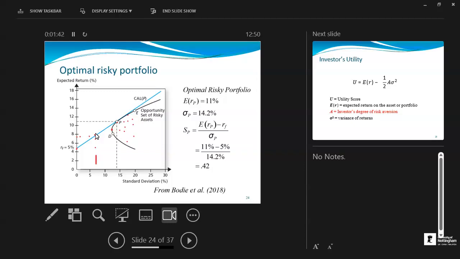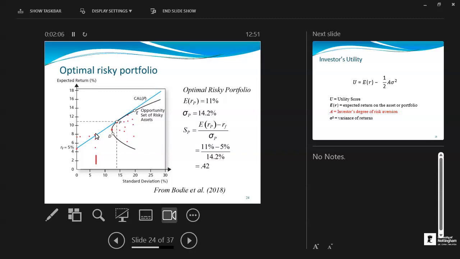So those who would hold the portfolio P, which is the risky portfolio, anyone who would hold the risky portfolio alone? Four people. Okay, good. Anyone would want to hold a portfolio which is above point P on the blue line?